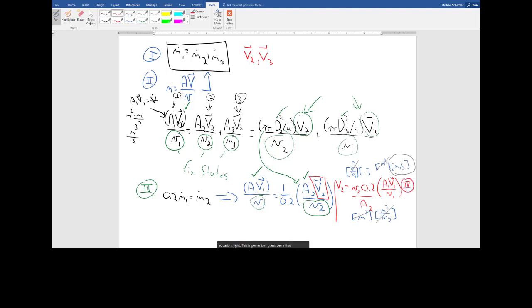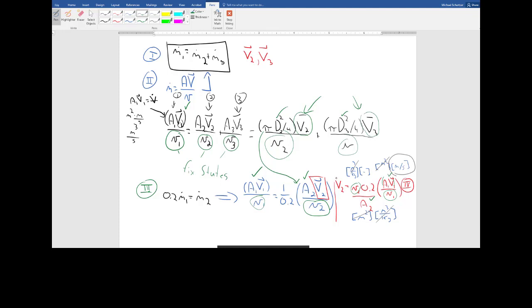The good news is for this equation that I know A1 V1. I can find A2. I just have to fix my states. I really have two options for finding the velocity at 3.